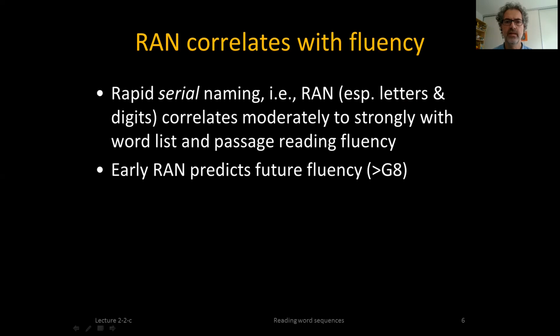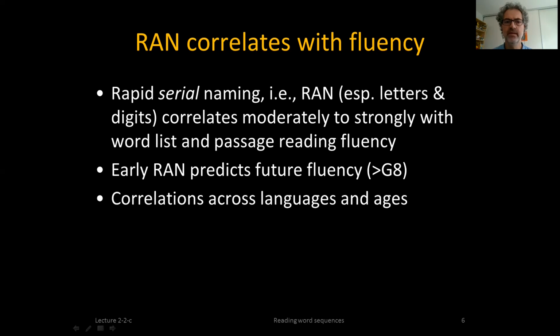It turns out that RAN measured in the beginning of first grade can predict reading fluency in grade 8. And these kinds of relationships have been very consistent across languages and ages where they have been measured.